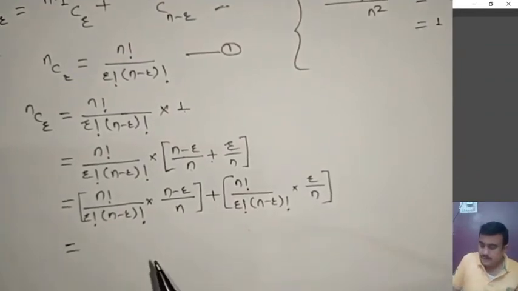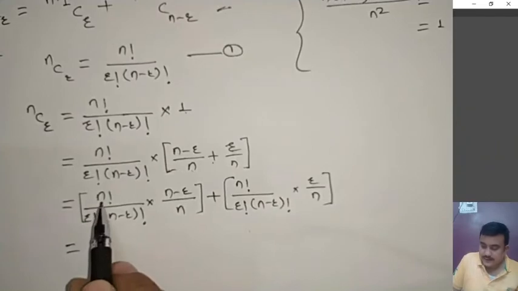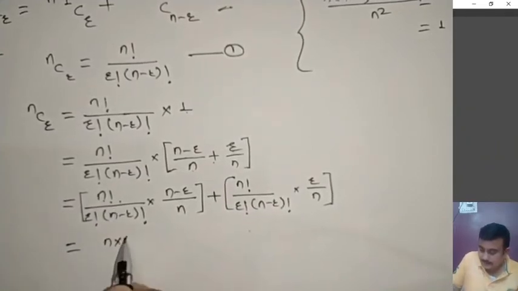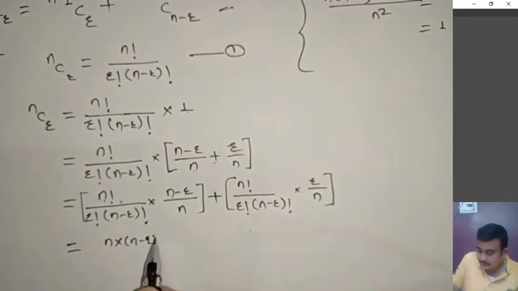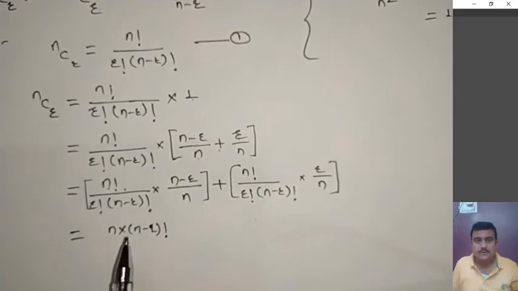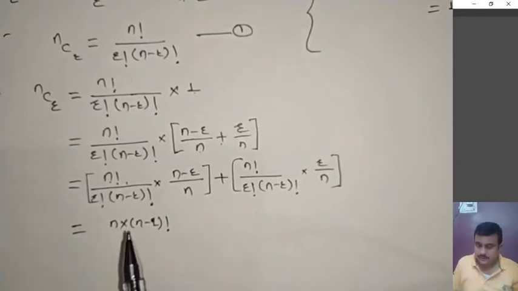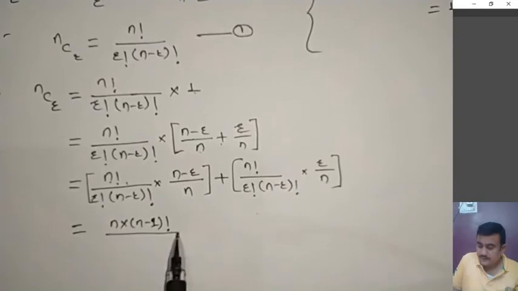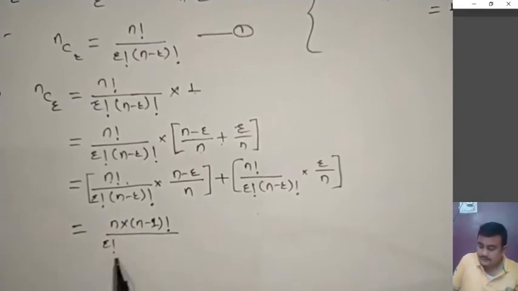So now this n factorial can be written as n multiplied by n minus 1 factorial by the property of factorial, because in factorial the value is represented as the multiplication of reducing terms. That's why n multiplied by n minus 1 factorial divided by r factorial.